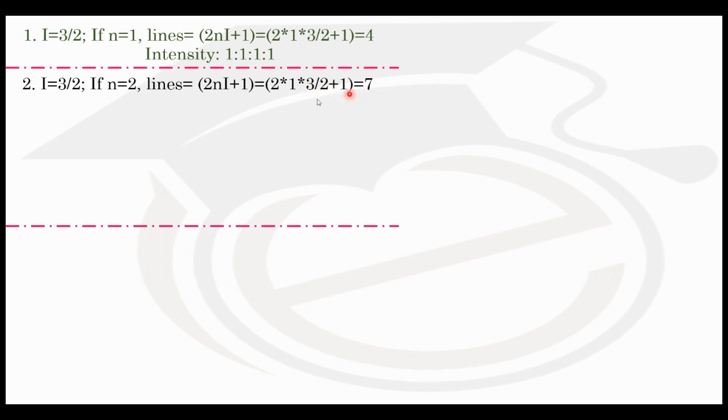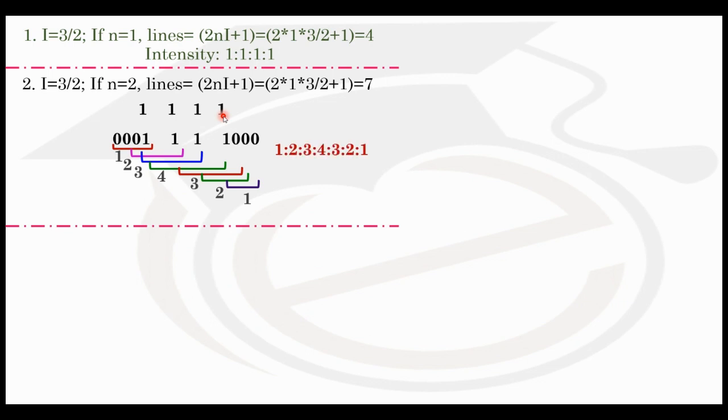First we take this value and we add zeros. Here the number of lines is 4, so we add 3 zeros in the left side, 3 zeros in the right side, and we add first 4 numbers, next 4 numbers to get the intensity. So the value will be 1 is to 2 is to 3 is to 4 is to 4 is to 3 is to 2 is to 1.